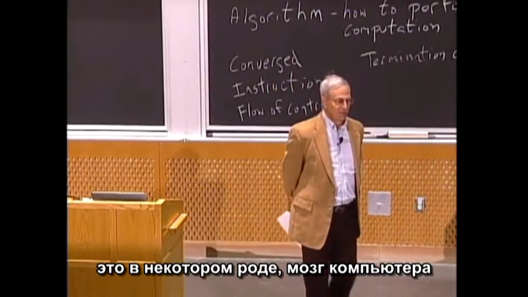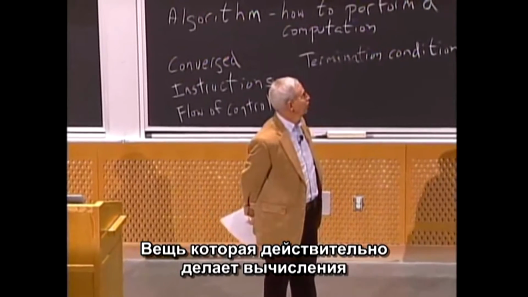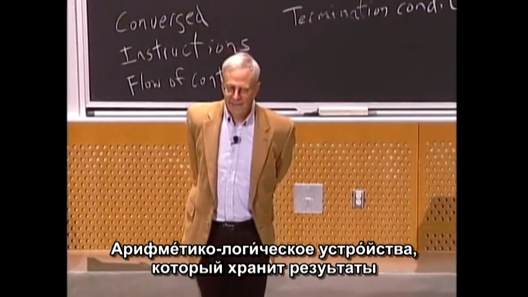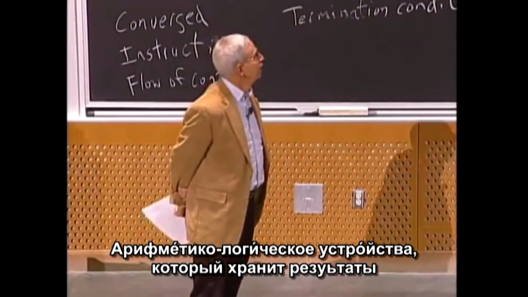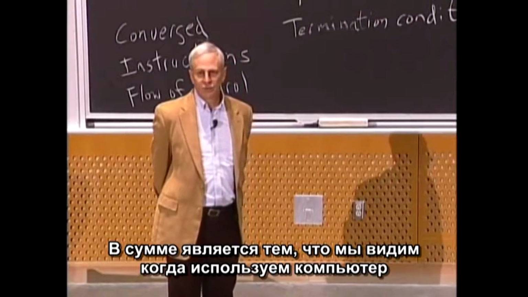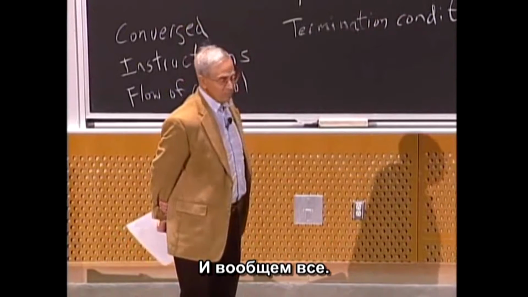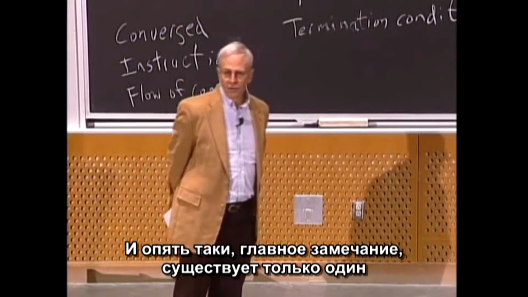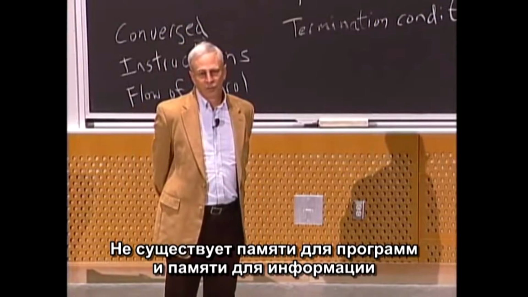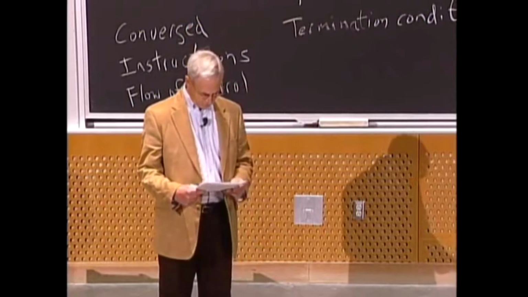This is in some sense the brains of the computer, the thing that actually does computations. An accumulator, which is part of the ALU that stores results, and a bunch of input and output devices, the things that we actually see when we use a computer. And that's it. And again, the key thing to notice is there's only one kind of memory. There's not a memory for program and a memory for data. There's just the memory.